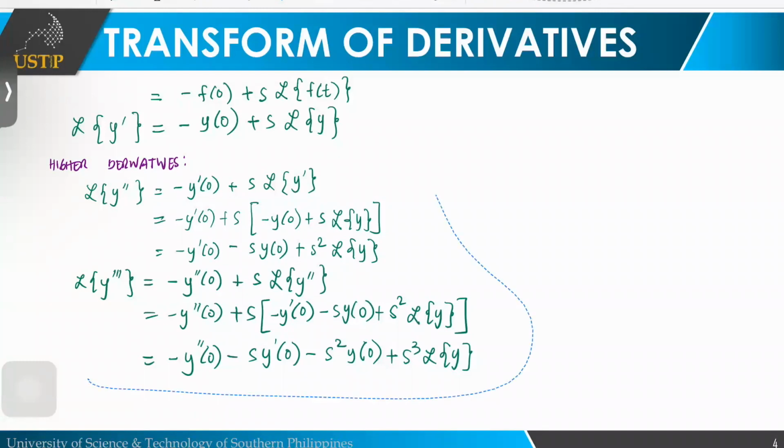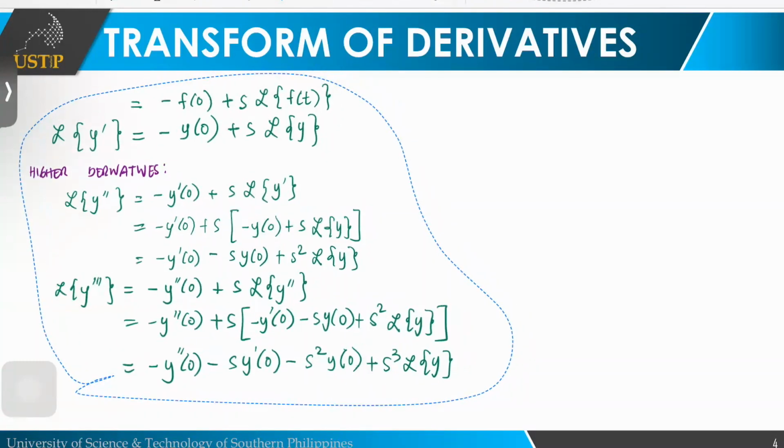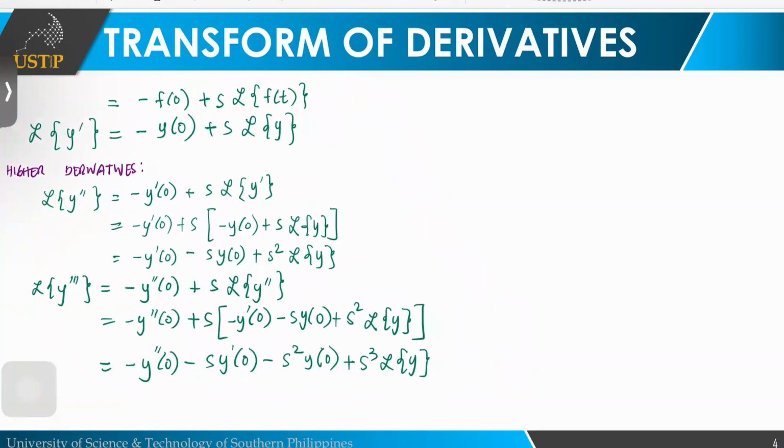So let me move this a little bit to the left. Okay, so all right, so recall our, actually nara sa gilid, the Laplace transform of y prime class. Let's rearrange. Unahon na to ning naay s Laplace of y.